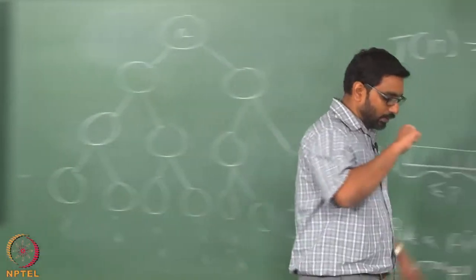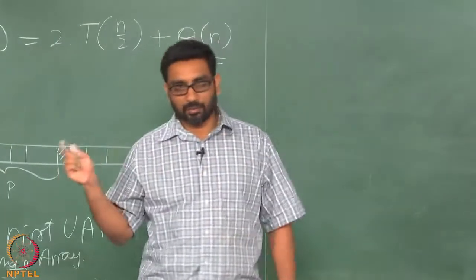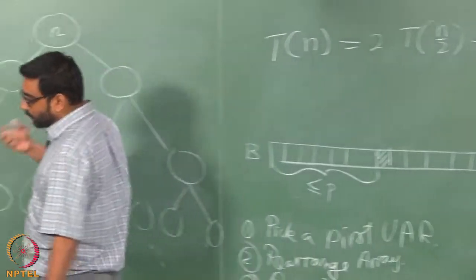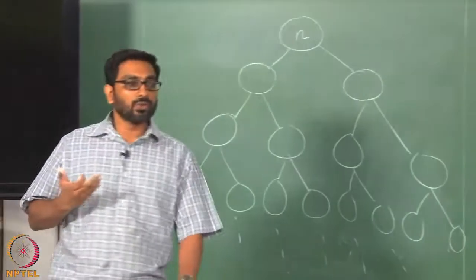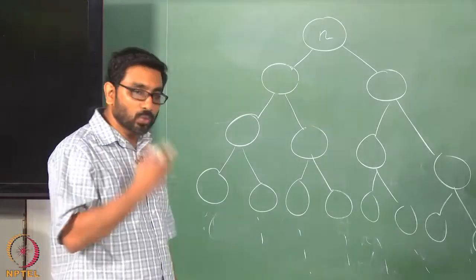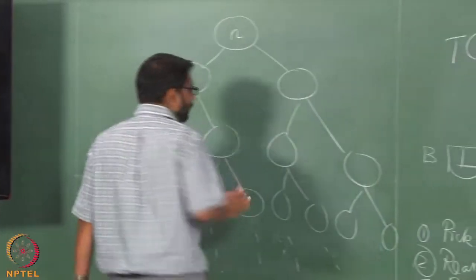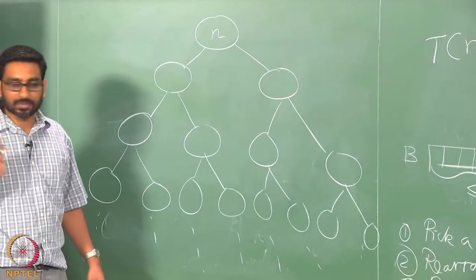Okay, and we want to get a handle on the running time of this algorithm. As you may be aware, in a lot of sorting algorithms, we don't really compute the actual running time, but we rather compute the number of comparisons. So we're going to be concerned about the number of comparisons.